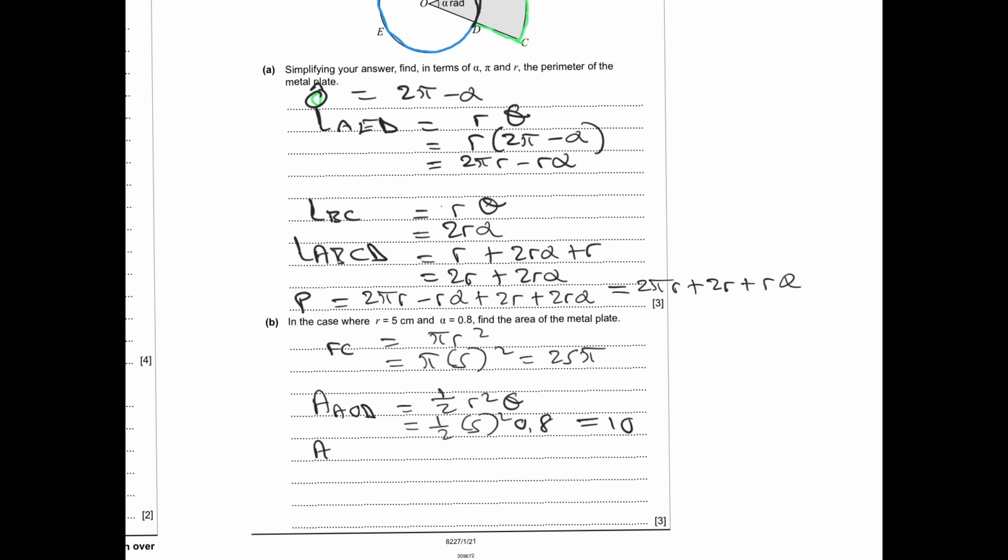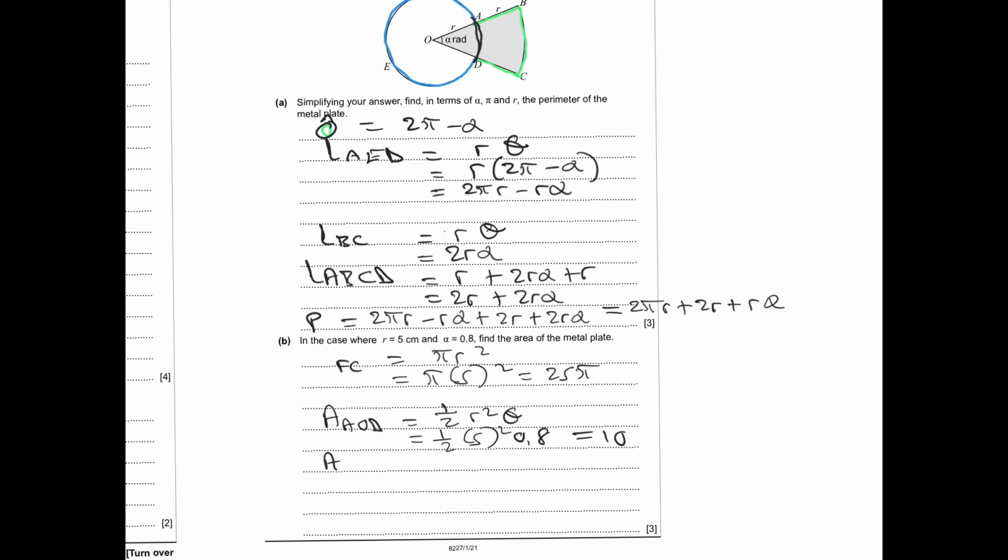And then the area of the bigger sector, which is OBC. That whole sector here, that's the whole shaded area, which again, the formula is half. But our radius this time around is 2r, so we are having 2 times 5, which is 10.